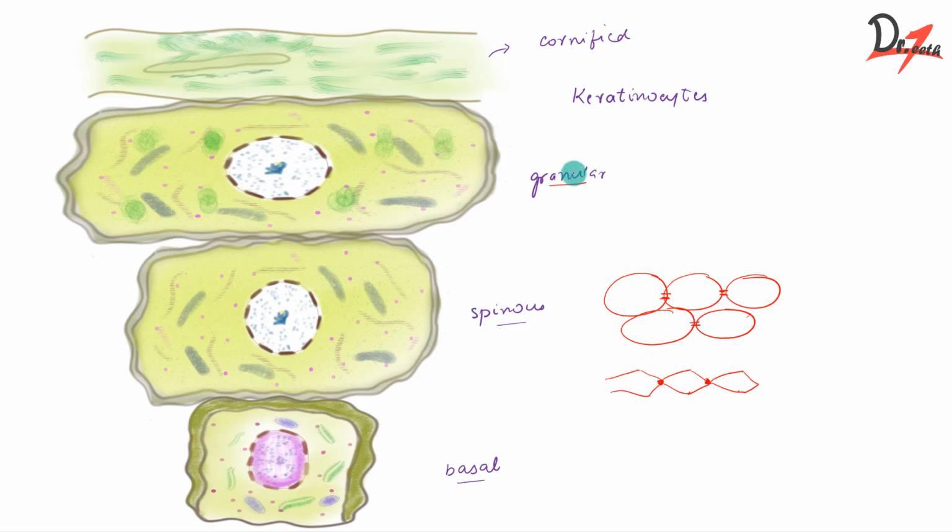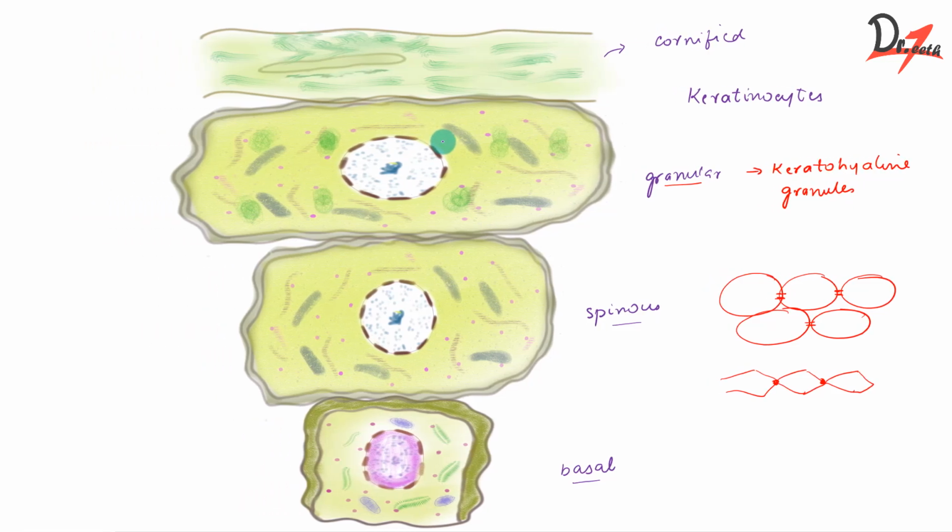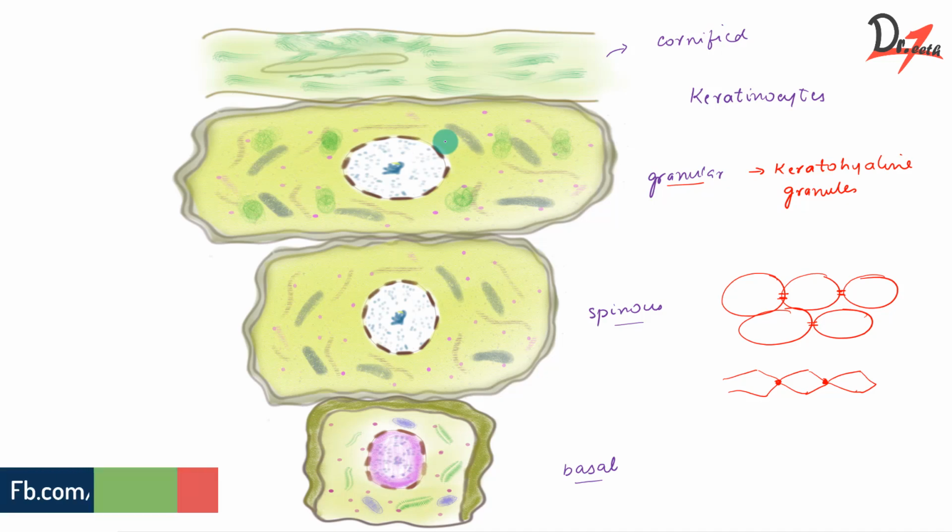That is why this is known as the spinous cell. Next up we have the granular cell. These are called granular because they are intensely packed with granules, and these granules are the keratohyalin granules. Let us note that these granules stain intensely with hematoxylin, that is, they are basophilic. Now the cornified layer is called so because it contains squames. Here the cells have died and have lost all their cell organelles and even the nuclei.